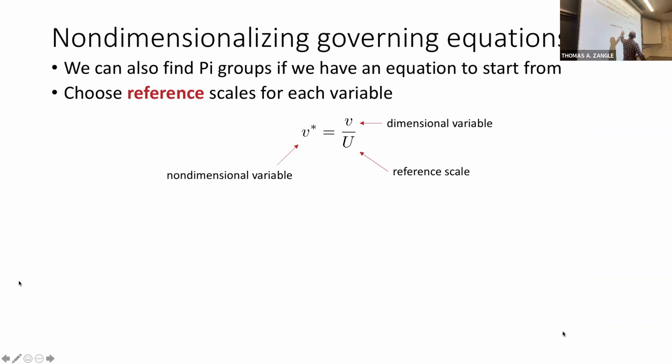We would then express this as v star, where v star is a non-dimensional variable in the problem. It's equal to v over U, the dimensional variable over this reference scale. So if we're considering flow in a pipe, this reference scale might be the mean velocity in the pipe.